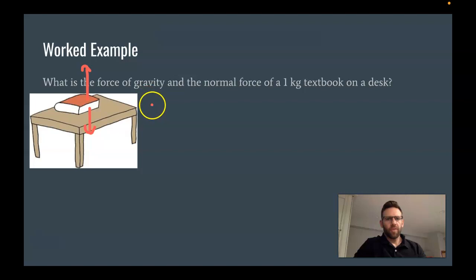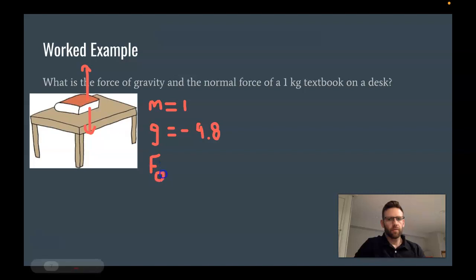All right, well, for the force of gravity, I know my mass is 1. That's easy. My gravity is negative 9.8. And so the force of gravity is, well, I'll put a question mark for now. That's kind of easy.